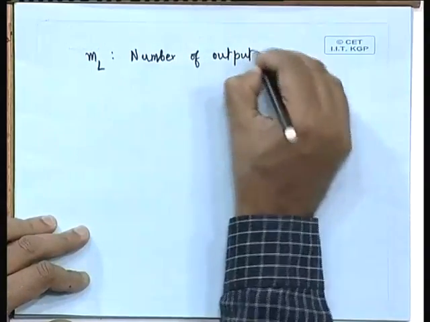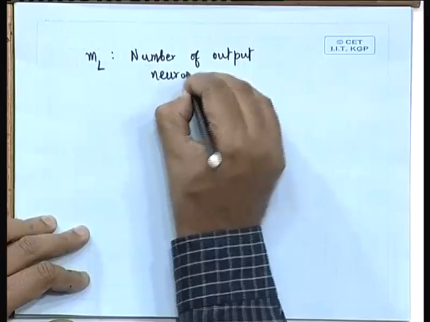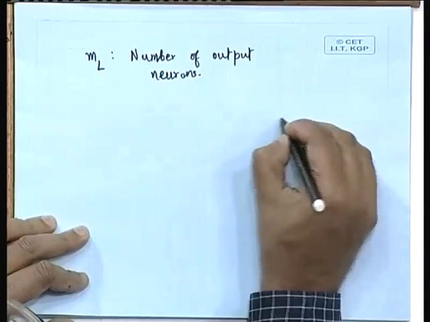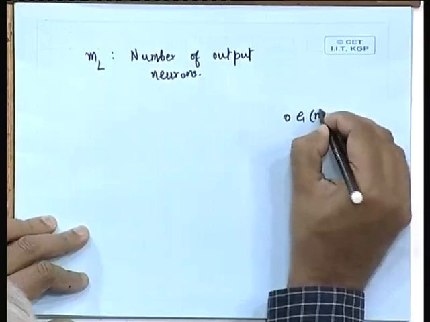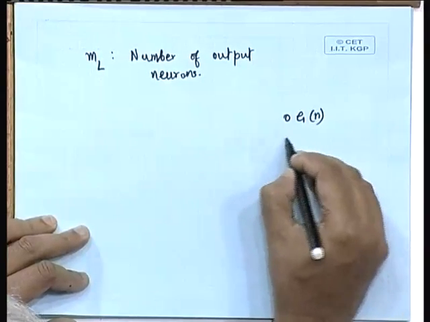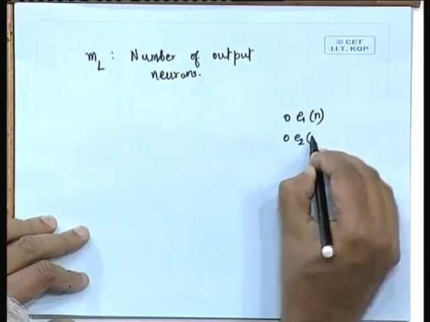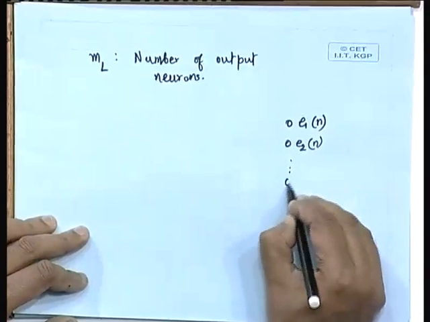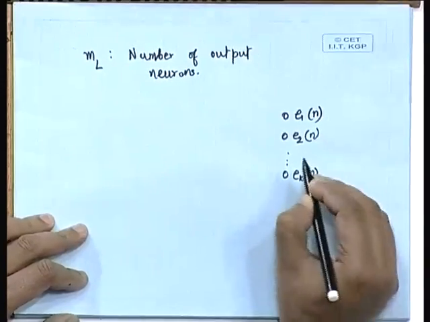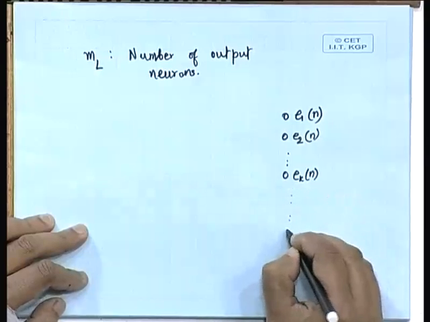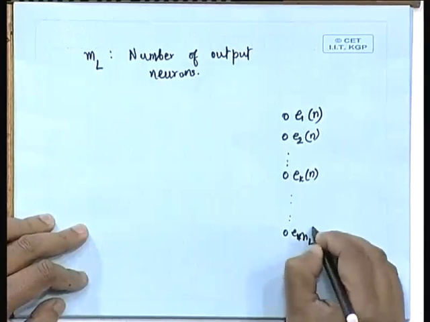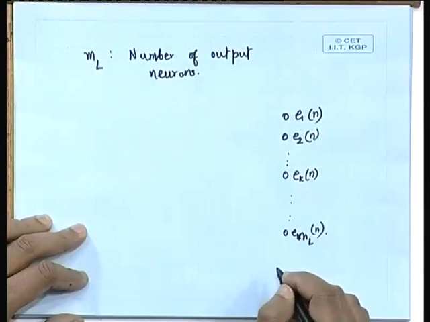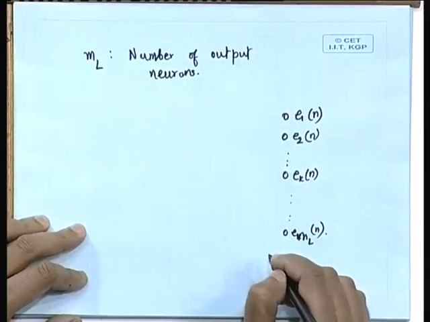Here we are showing all the errors. Let us say that this is E1, this is error E2, this is error EK, everything at the nth iteration. Finally, this is EMLN. So for every output neuron, we can calculate the error terms.